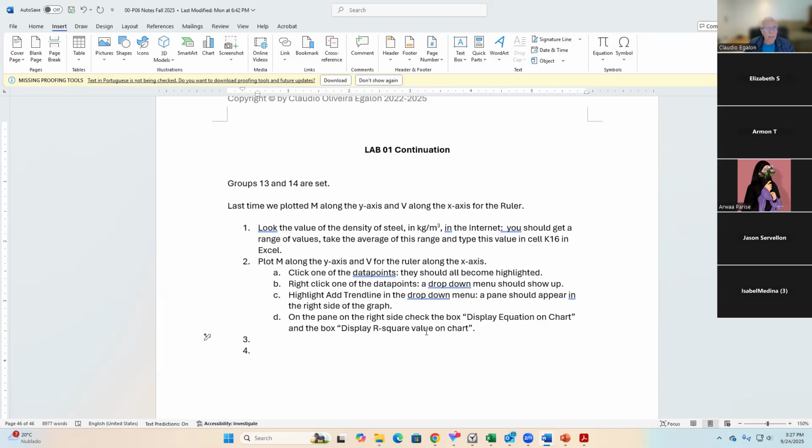Next, 3. Read the slope in the regression equation, and log it in a cell. Let's see what the cell is.